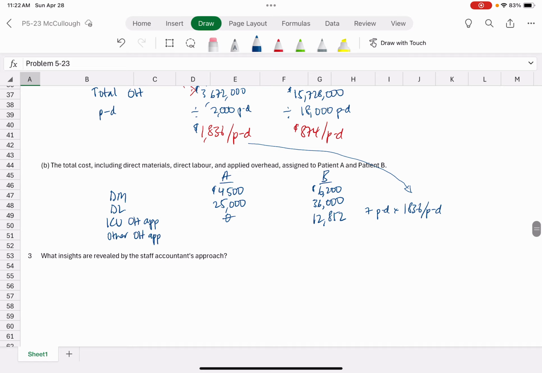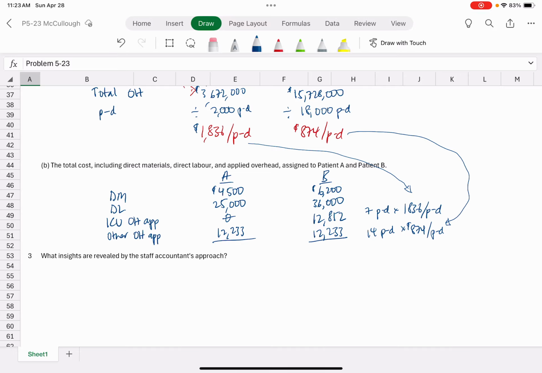So here, we're going to calculate 14 patient days times our outside the ICU rate of $874 per patient day. And it works out to $12,233. We're going to use the same number because they were in for the same number of days outside the ICU.